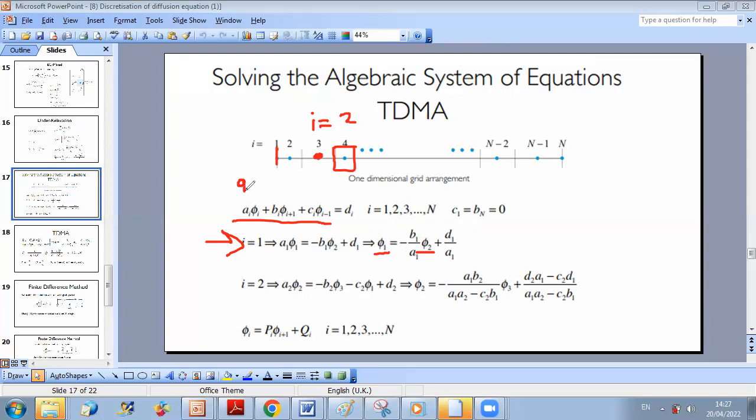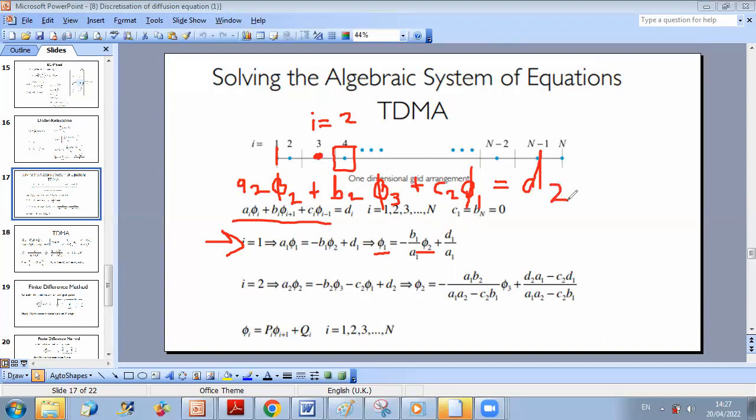So for cell 2, I have A2 phi 2 plus B2 phi 3 plus C2 phi 1 equals D2.